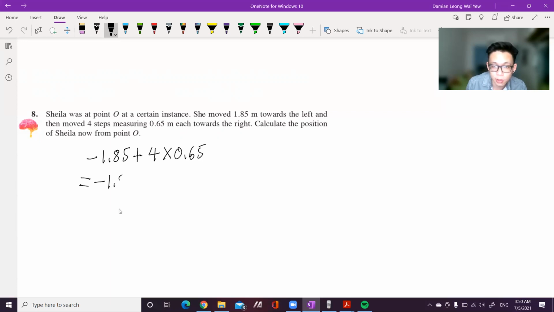So I calculate this. Again, I need to times first. So I take 4 times 0.65, which is 2.6. Okay. So negative 1.85 plus 2.6 will be 0.75.